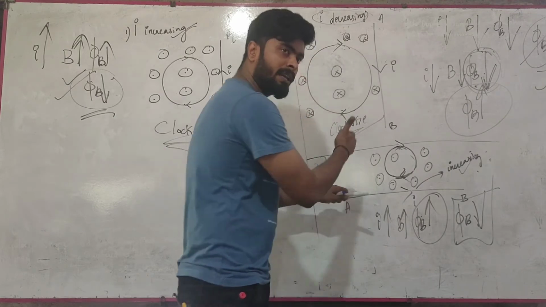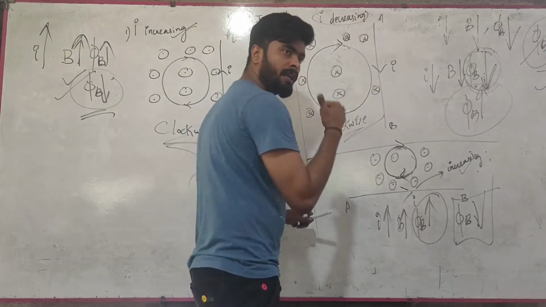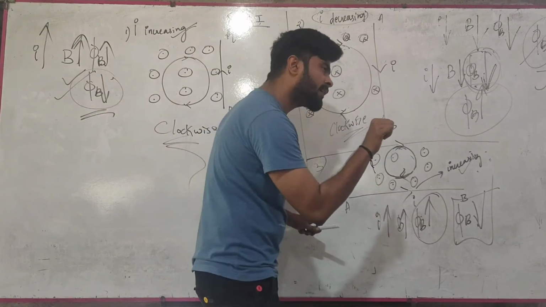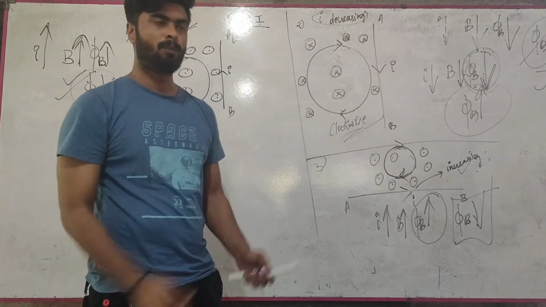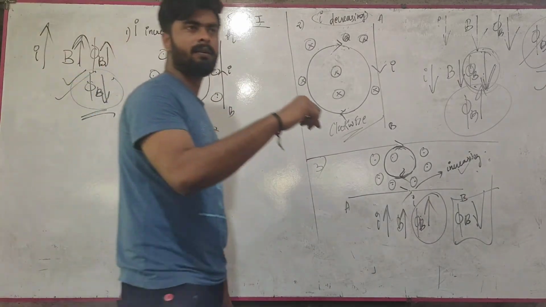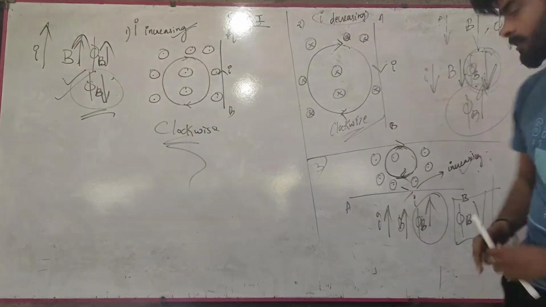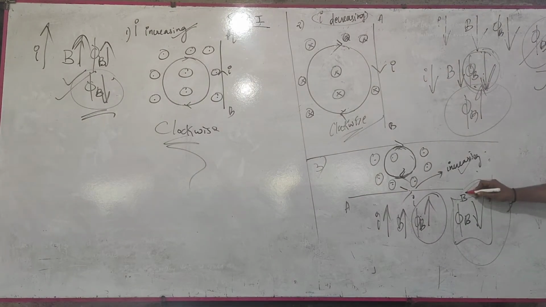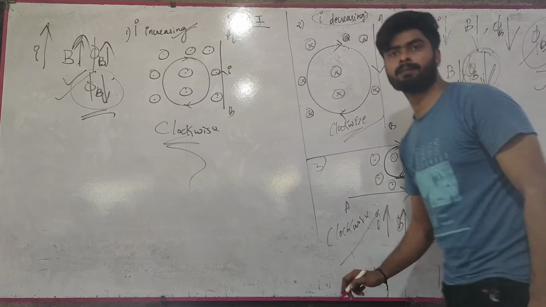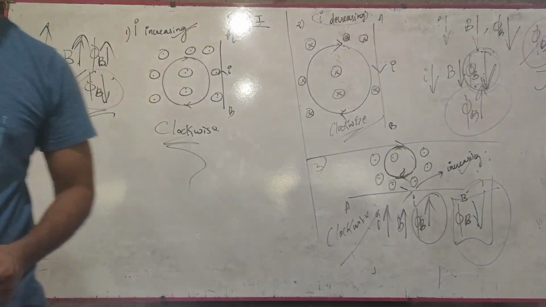The original magnetic field is coming outside, and the magnetic field due to induced current is going inside. So both magnetic fields are opposite, so the net magnetic field decreases. Net magnetic flux decreases, right? So the direction will be clockwise. Is it clear? Clear?